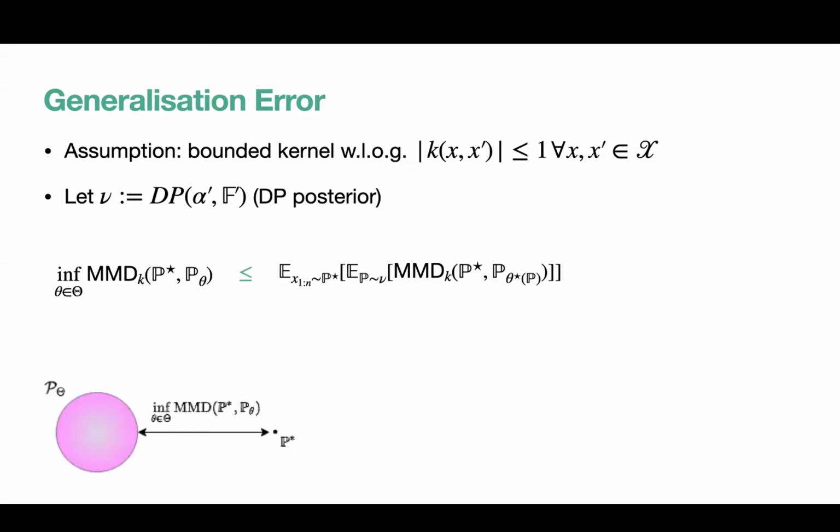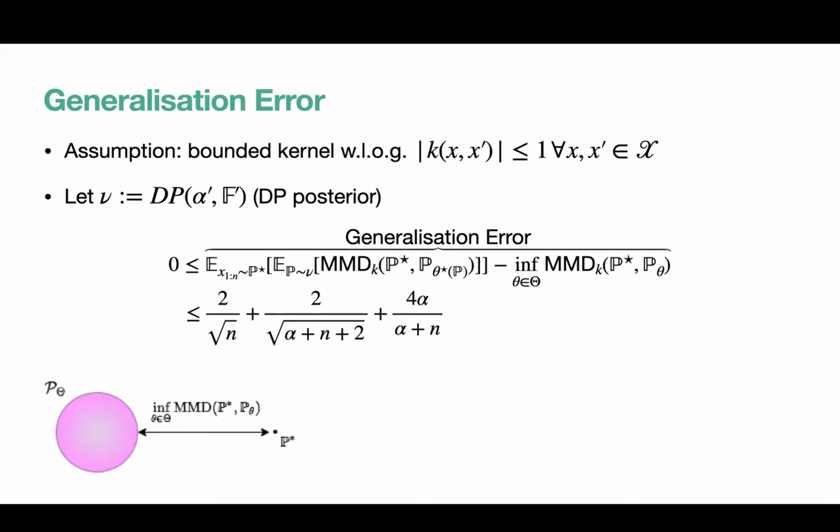And of course, this is lower bounded by this best case scenario, which is saying how close my model family can get to P star. And the difference between these two is the generalization error. The point here is, first, the rate of this bound depends just on n, at the rate of 1 over square root of n, and secondly, the fact that it doesn't really depend on the prior at all, only through alpha.